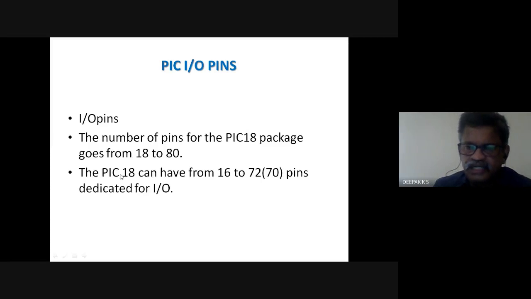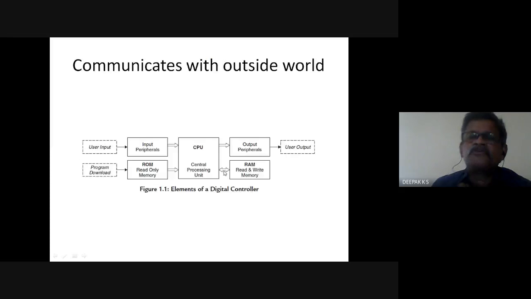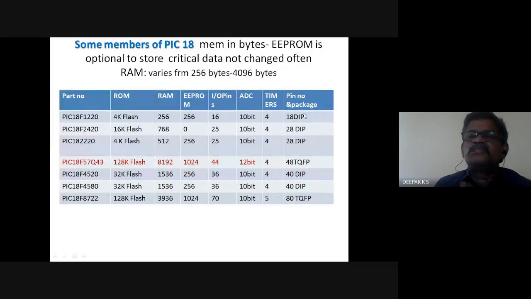So out of 18 total pins, you are having 16 pins for the I/O. Here we have 80 pins in the total package. This is a quad flat package, and 70 pins are for input output. Those pins for input output could be used for other functions, and we will configure it.